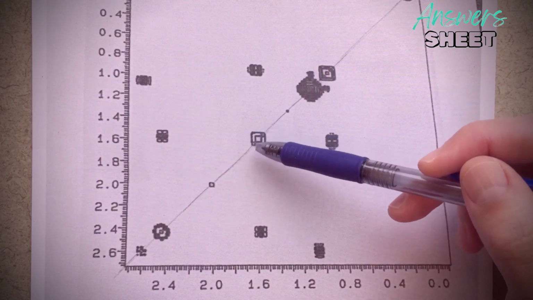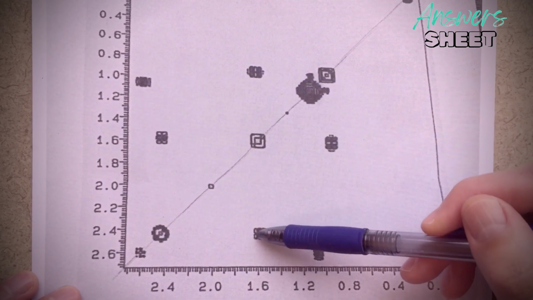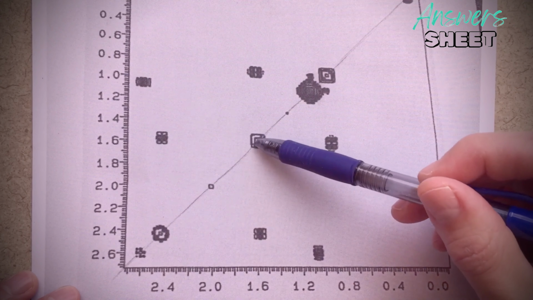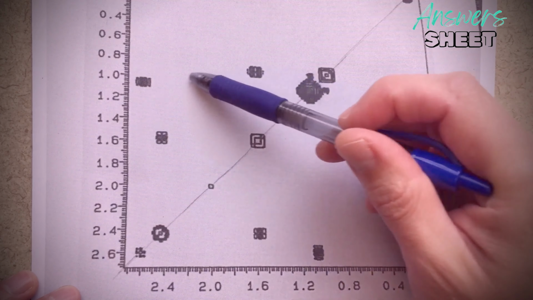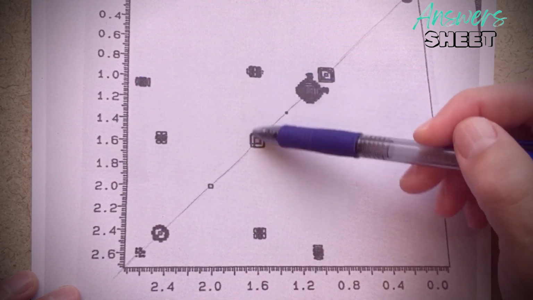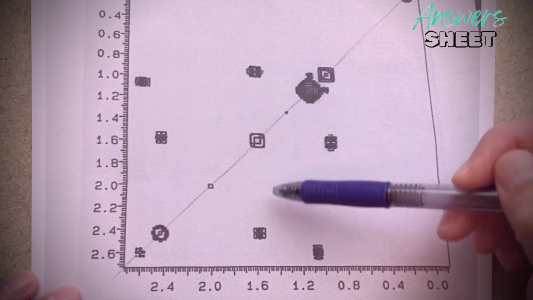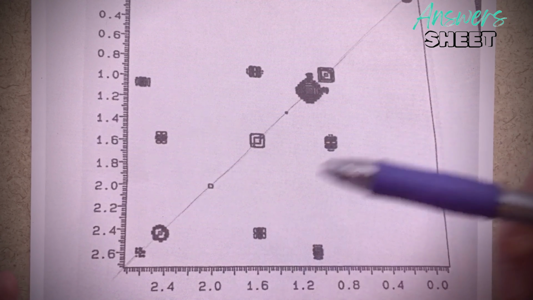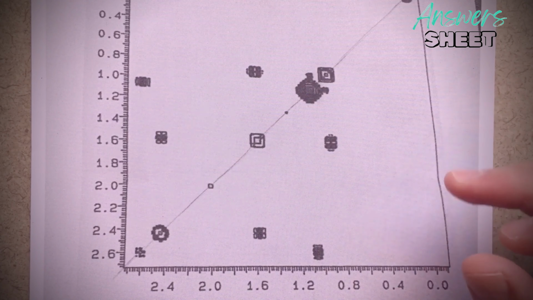If I look at the signal at 1.6, for instance, the cross peaks, this peak up here and this peak down here, tell me that the 1.6 peak is coupled to the peak at 2.4, and it's also coupled to the peak at 0.9. In other words, the protons at 1.6 are splitting the protons at 0.9 and the protons at 2.4. We can see other couplings here, which we'll talk more about as we start putting our structure together. But that's the basics of two-dimensional COSY NMR.